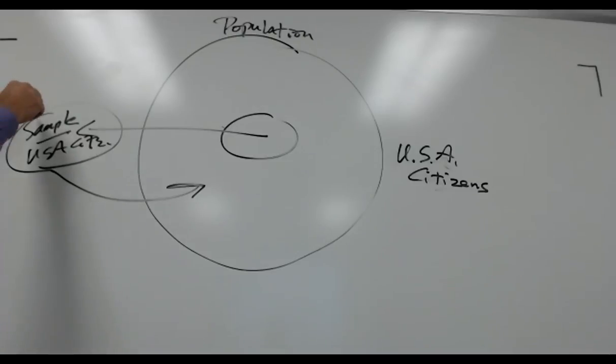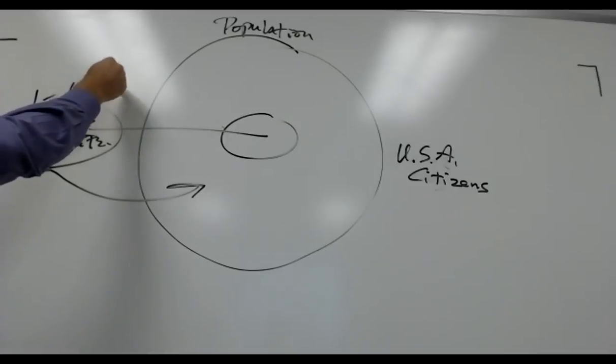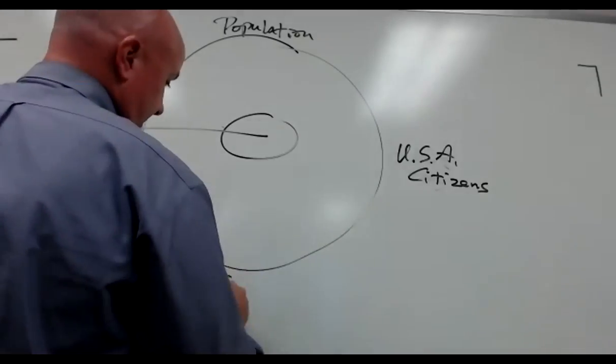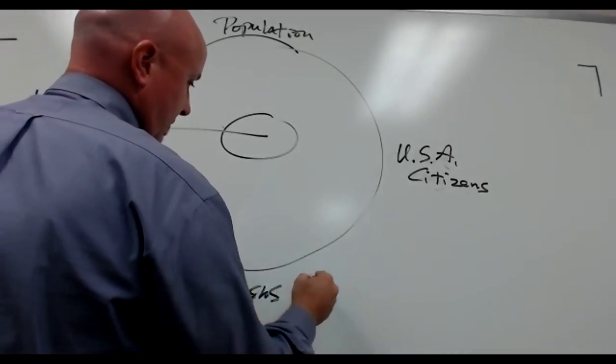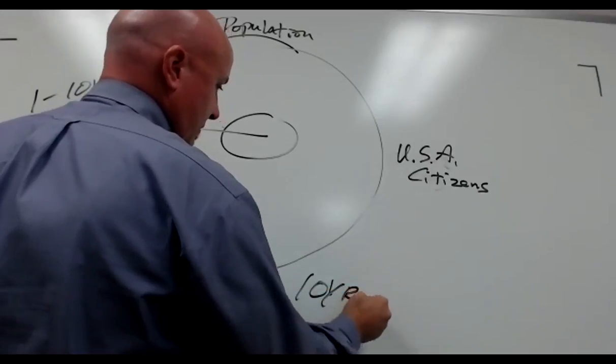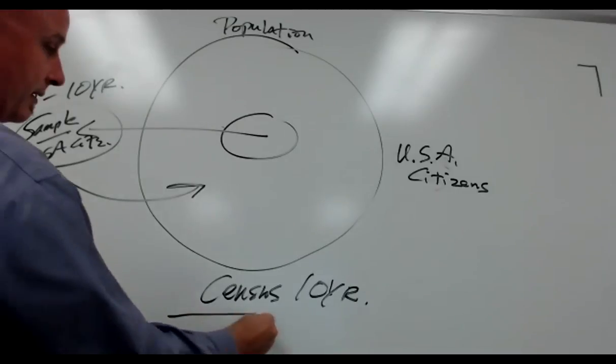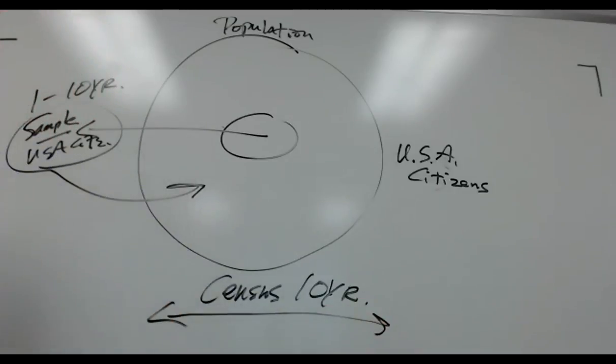We will do this sampling throughout the 1 to 10 year period. We take the census every 10 years. The idea is that over the census, we are going to ask the population.